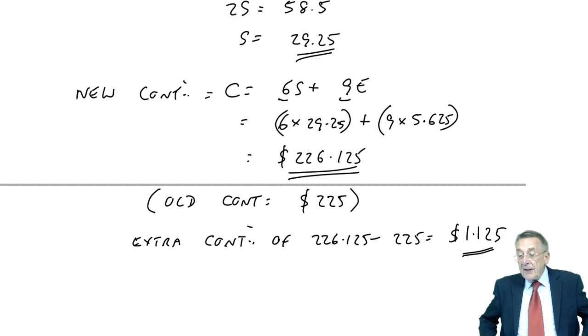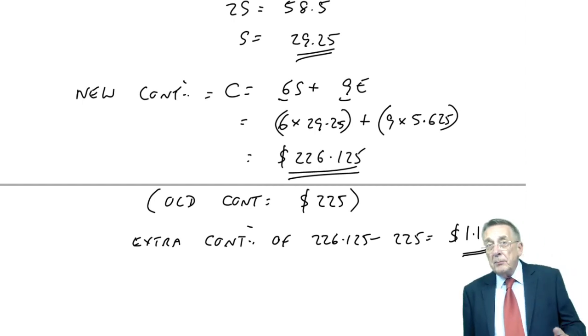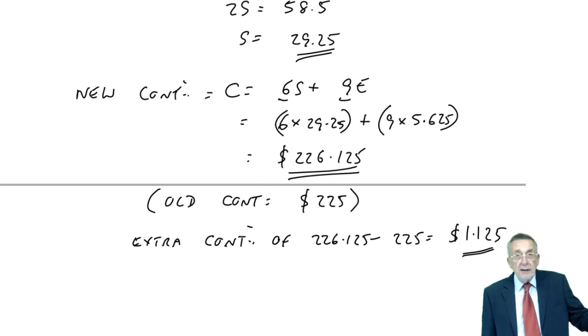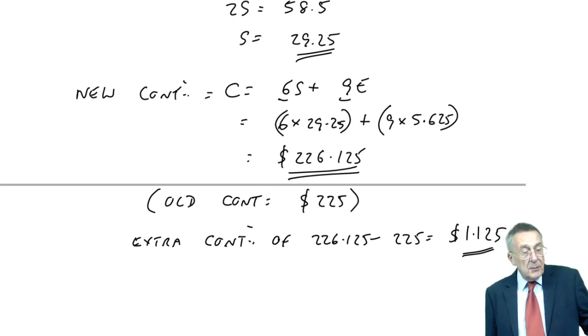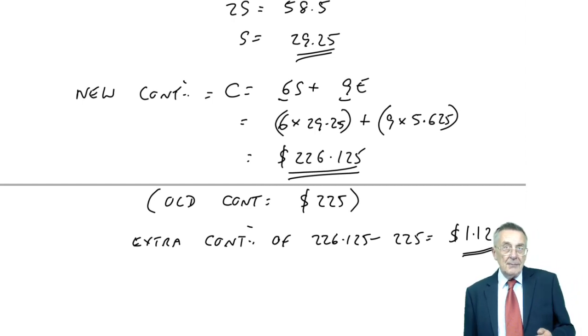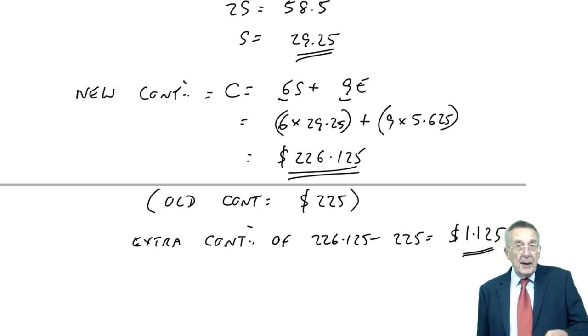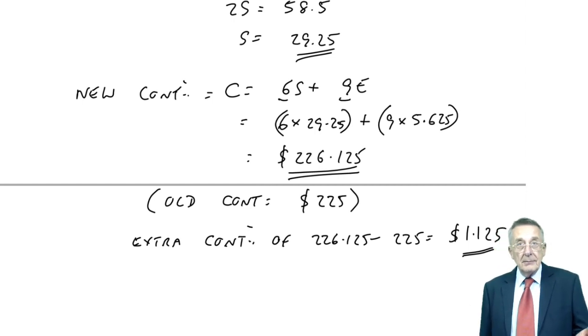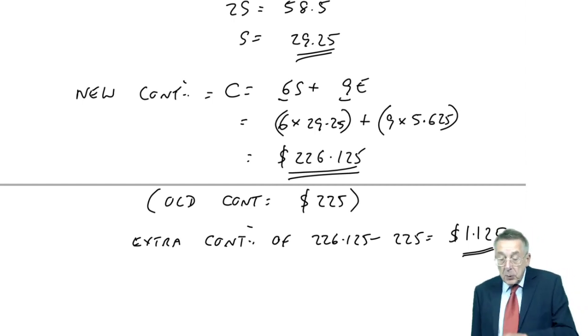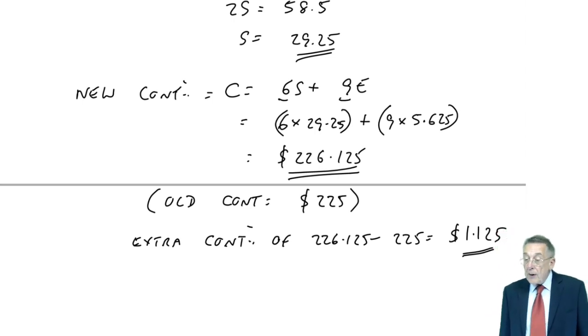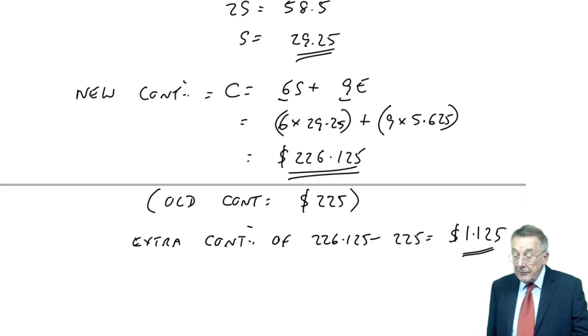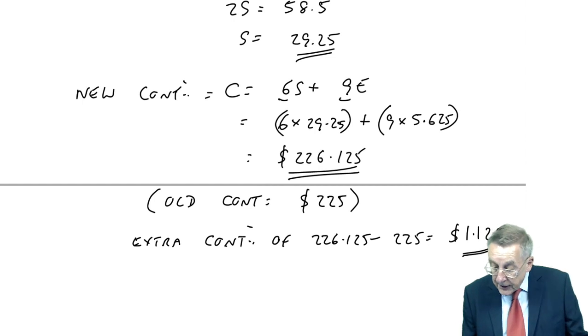But I said earlier, to get more, we're probably going to have to pay more than the current price. It might be currently $5. We might have to pay $6. And if you pay $1 more, you make $1 less contribution. So importantly, that 1.125 is not the price per kilo we'll pay.